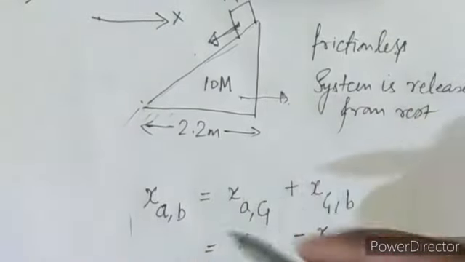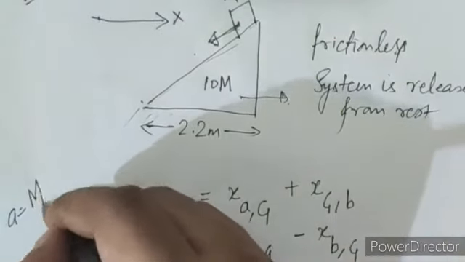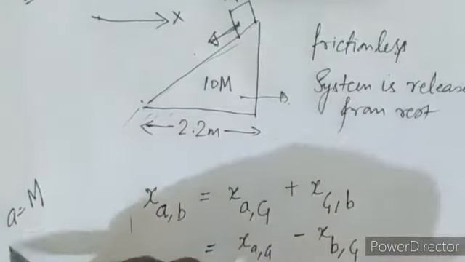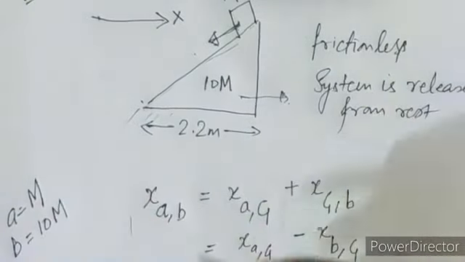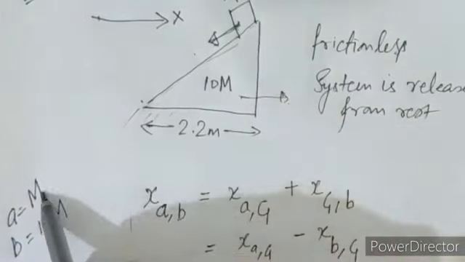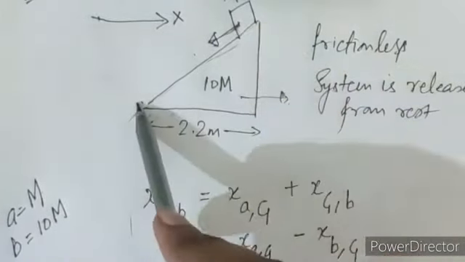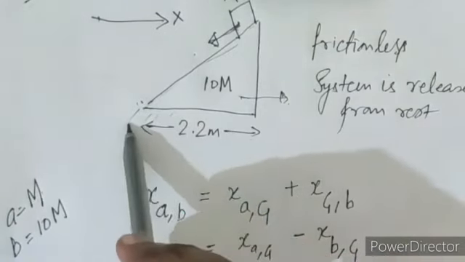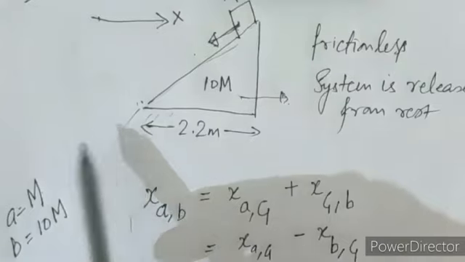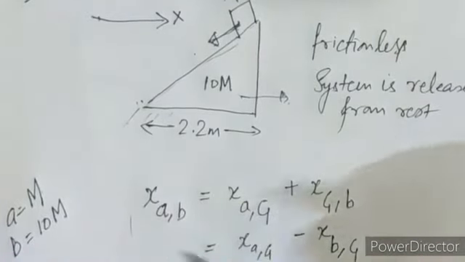Now say A, in our case, is the smaller body of mass m, and B is the bigger mass 10m. So m is moving with respect to 10m. If it moves down till here, it will go in the negative direction by 2.2 meter, so it will go minus 2.2.